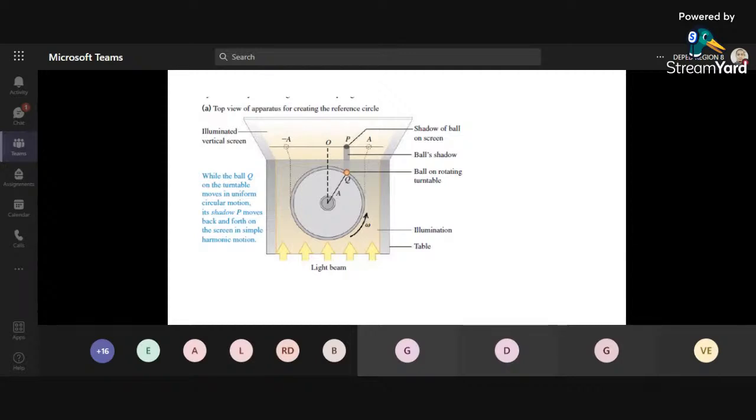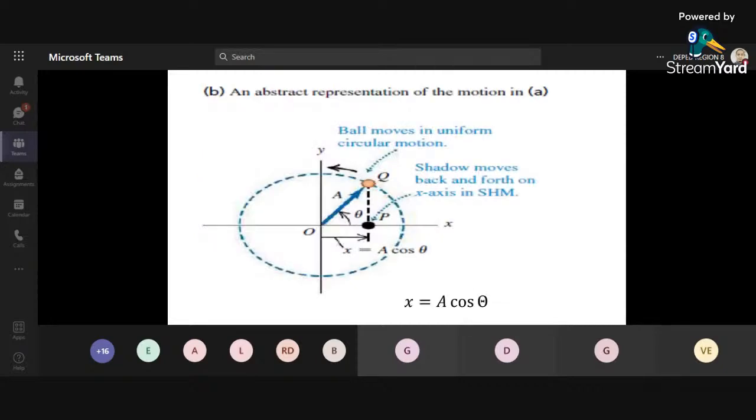So now let's discuss the different derivations. Ball Q moves in uniform circular motion, and it casts a shadow on the screen, which we denote here as point P. So point P will move back and forth on the x-axis, as shown, in simple harmonic motion.